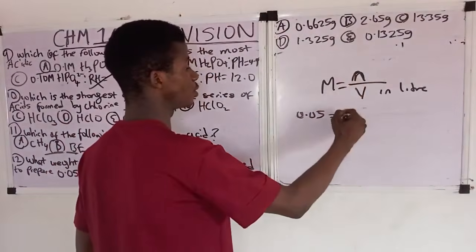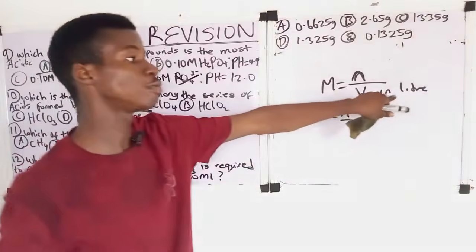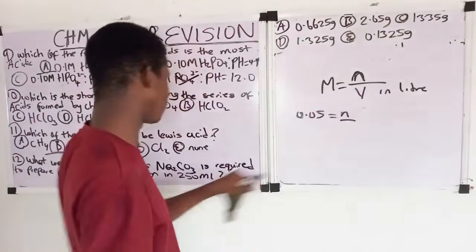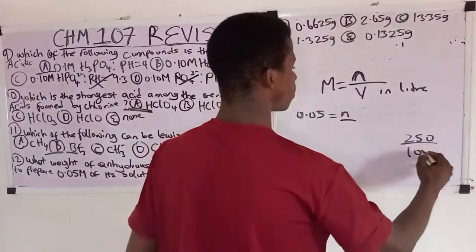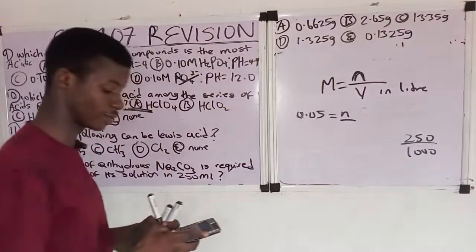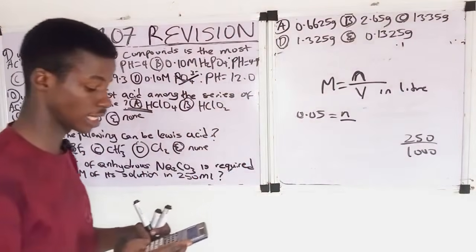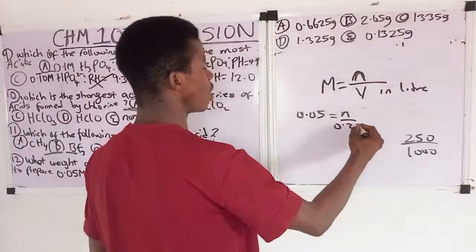Our number of moles we don't know. The volume is 250 ml. Remember, our volume must always be in liters. So we convert 250 ml to liters by dividing 250 by 1000, and we have 0.25. What are we looking for?